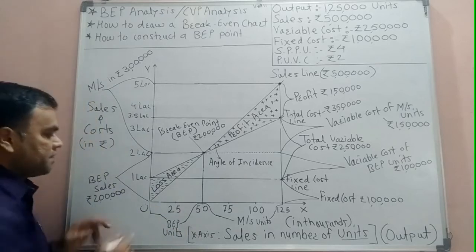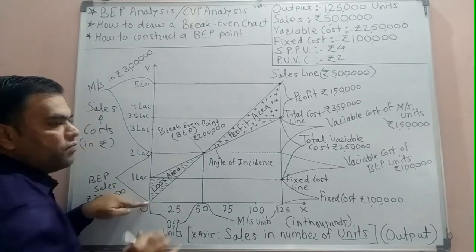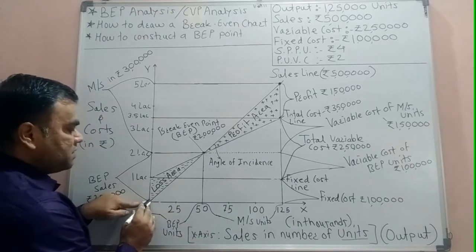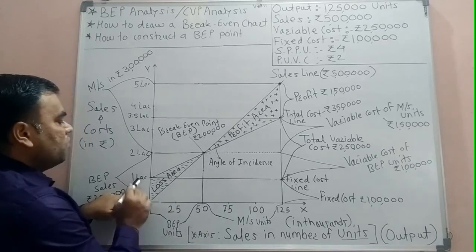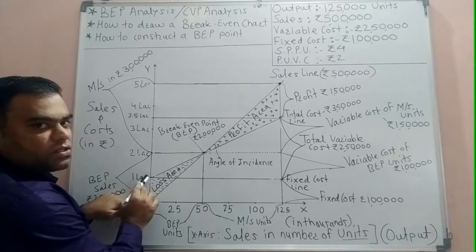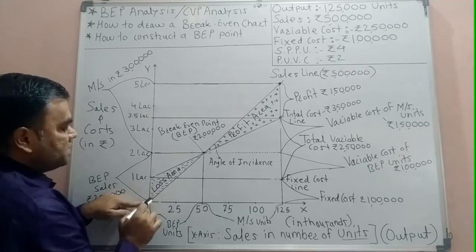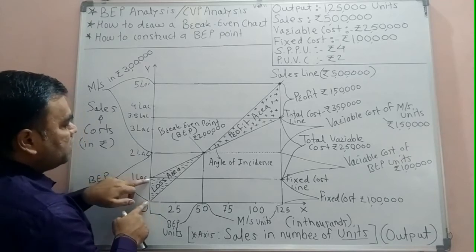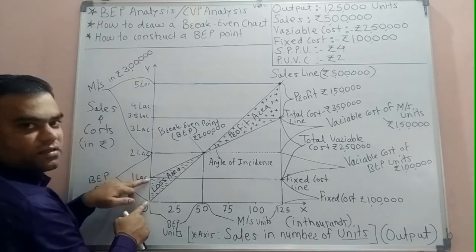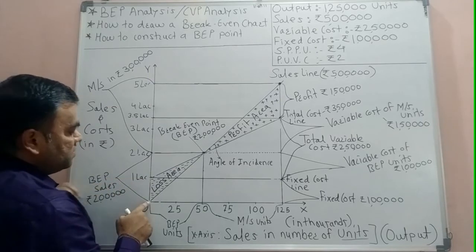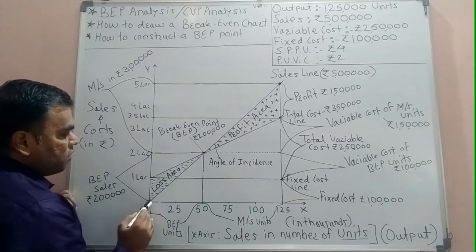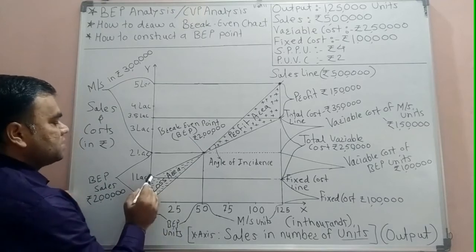If our sales is less than cost, meaning our cost is more than sales, then we get loss. At zero sales level, whether you manufacture or not, even if you do not manufacture a single unit, you will have to pay the 1 lakh rupee rent fixed cost. Means when your sales is 0 units, your cost is still 1 lakh.